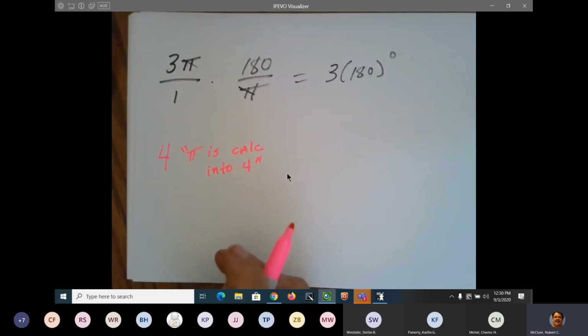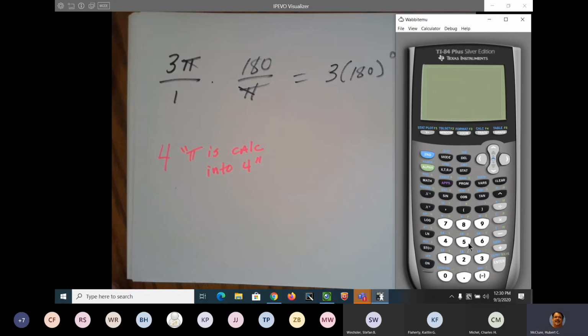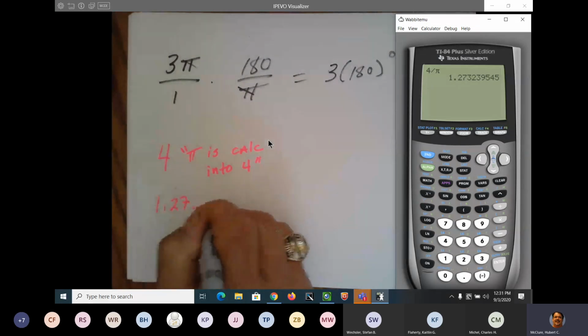So just for instance, let's take 4 and divide by pi. So technically I've got 1.27 pi.